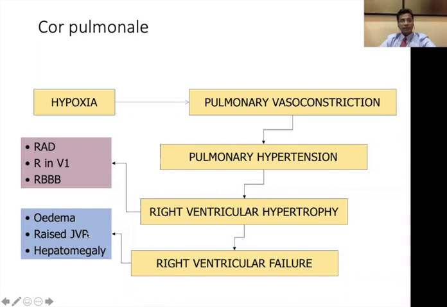Jugular venous pressure is high, it's a raised jugular venous pressure, and one gets tender hepatomegaly. So right ventricular hypertrophy can be recognized on the ECG with these features, and when there's right ventricular failure, you get edema, high JVP, and tender hepatomegaly.